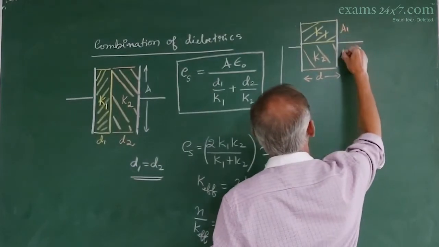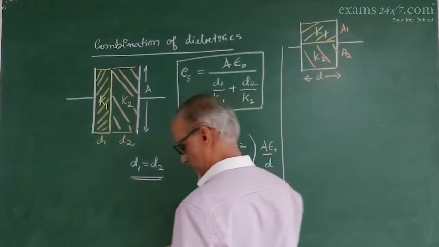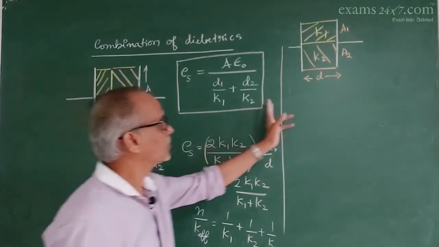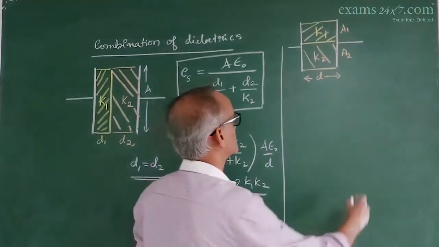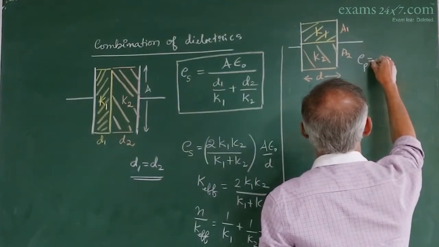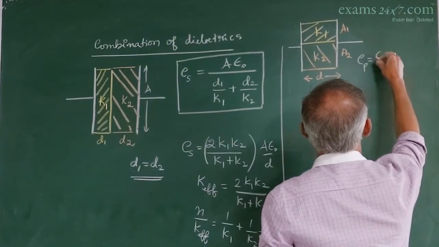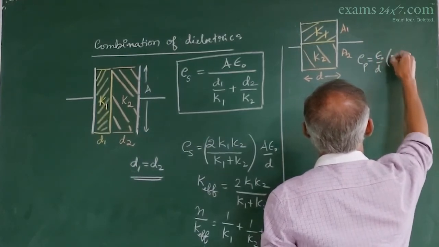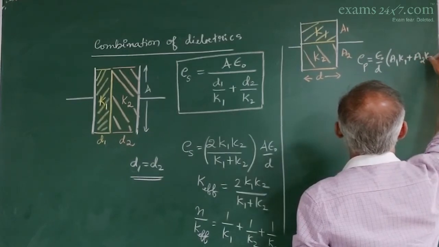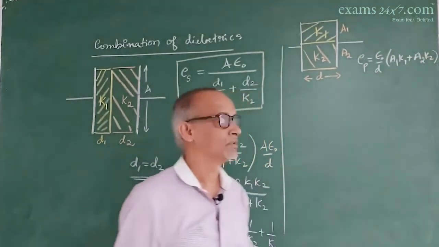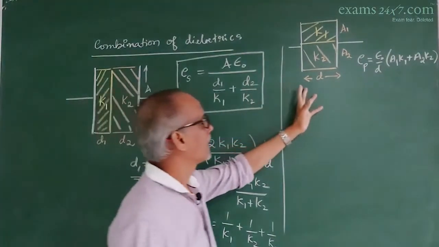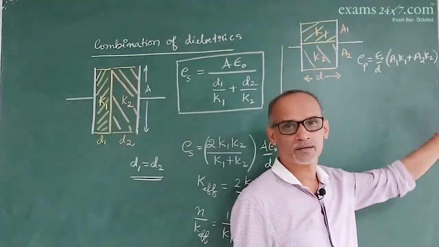One has an area A1, the other has an area A2. In such a case, the equivalent capacity becomes the parallel combination, which is Cp equal to epsilon naught by D times A1 K1 plus A2 K2 and so on. So the earlier one is the equivalent of the series combination of dielectrics, and this is the equivalent of the parallel combination.